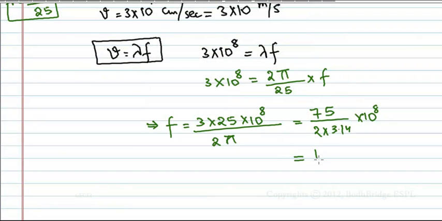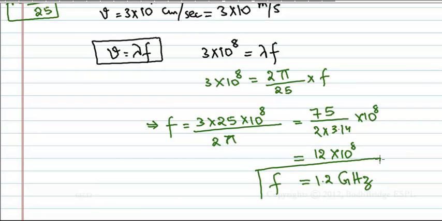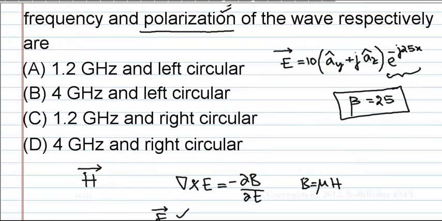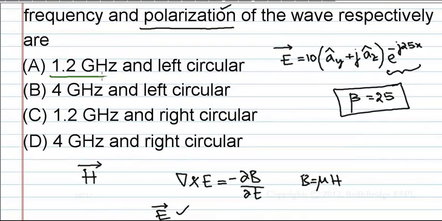This is equal to 12 into 10 power 8, that is 1.2 into 10 power 9, that is gigahertz. Therefore, what is the frequency? 1.2 gigahertz. This is the first question they asked. Therefore, the option can be A or C.